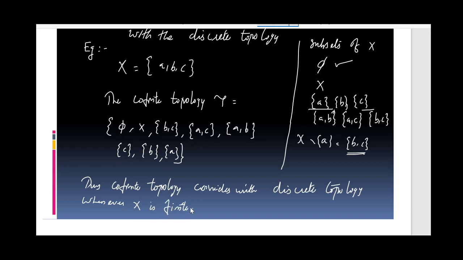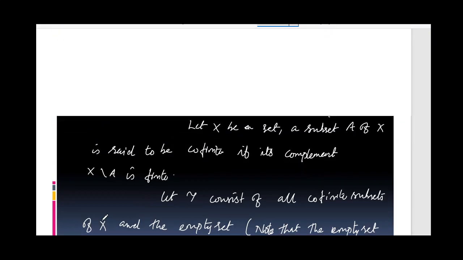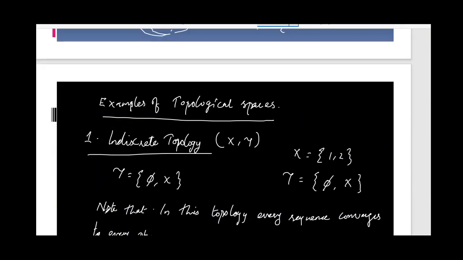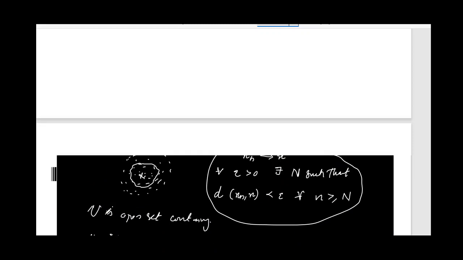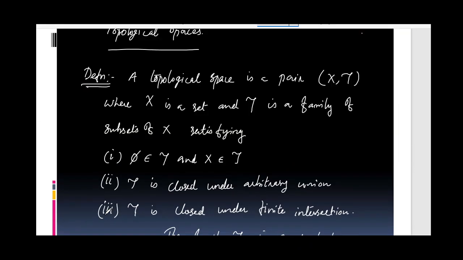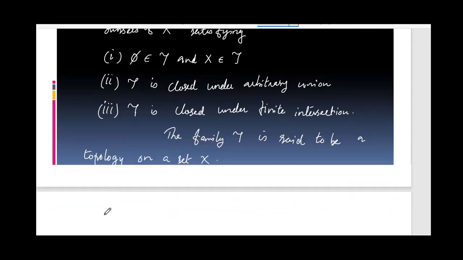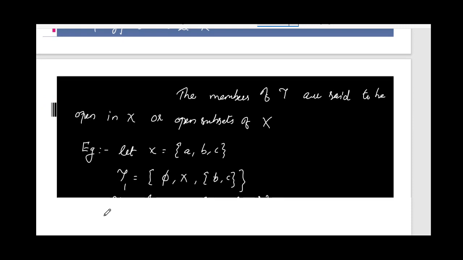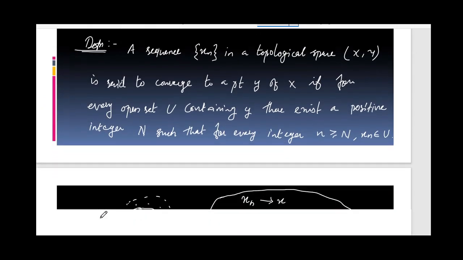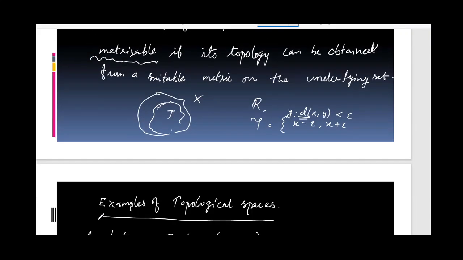So we have discussed the definition of topology, then topological space, then some examples, the definition of sequence convergence, and metrizable spaces.